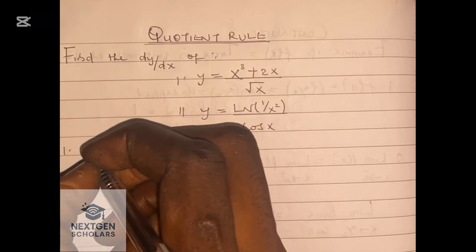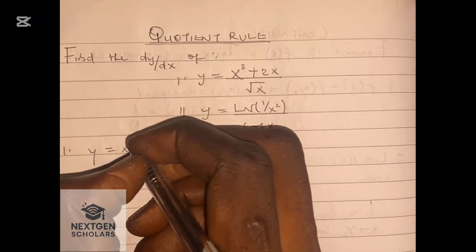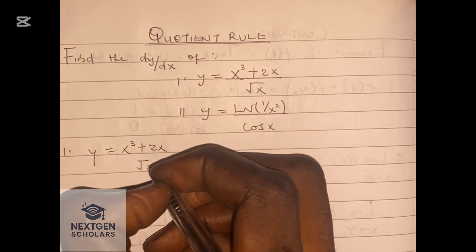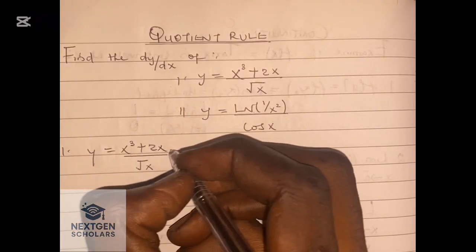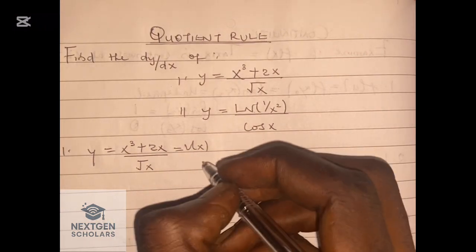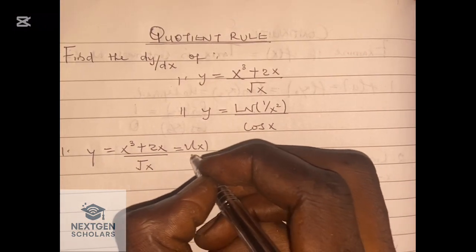We are already familiar with what the quotient rule is. With that in mind, let us know that this numerator is equal to u of x and the denominator is equal to v of x.